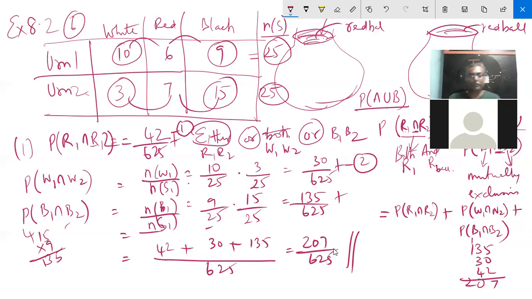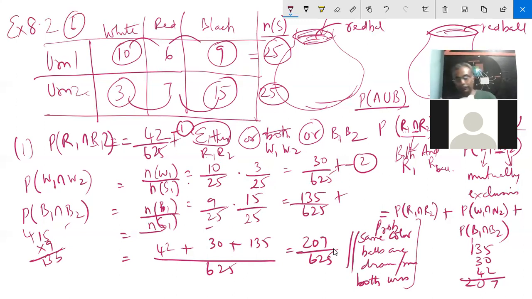This is the probability that same color balls are drawn from both urns. Probability that same color. Okay, that's all. You understood this thing?